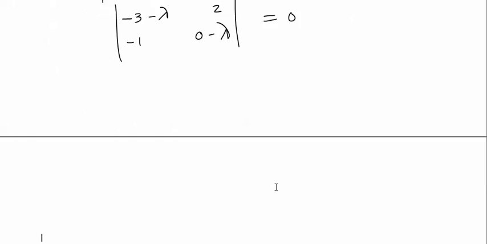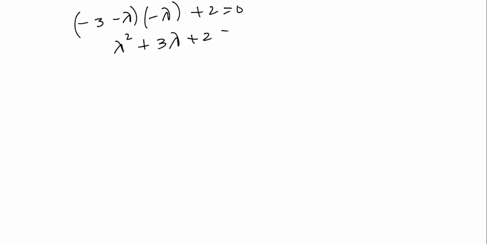If you start solving this, you get (-3 minus lambda)(minus lambda) plus 2 equal to 0, which says that lambda square plus 3 lambda plus 2 is equal to 0.